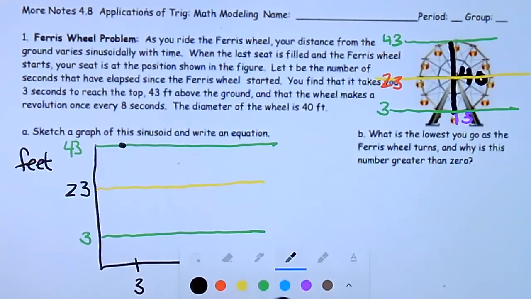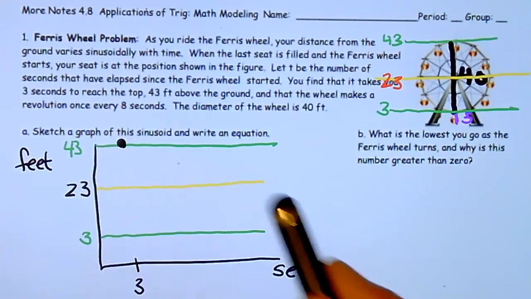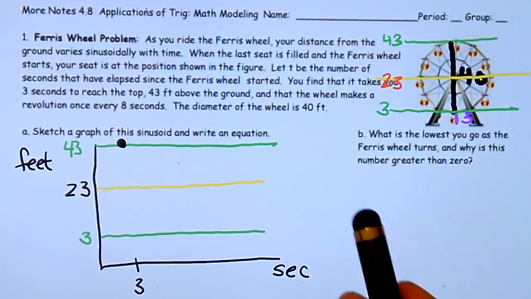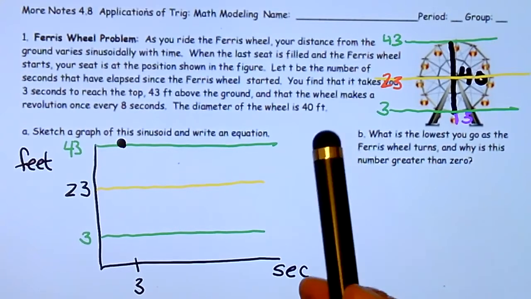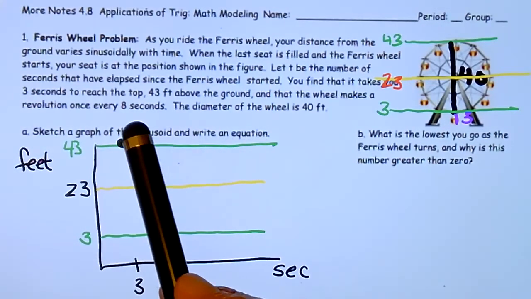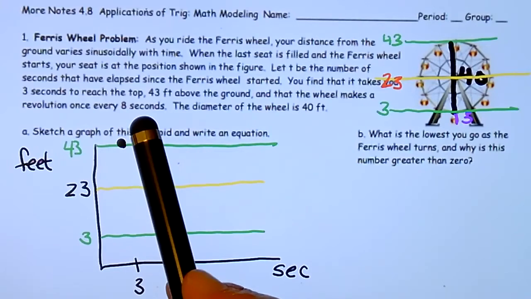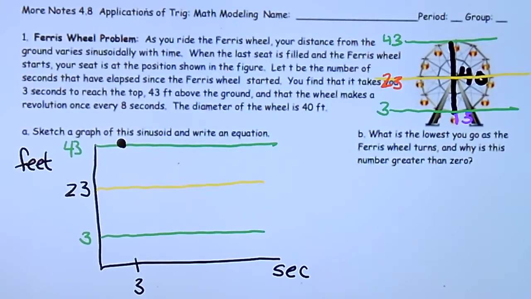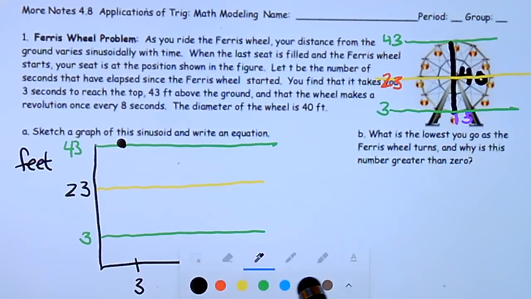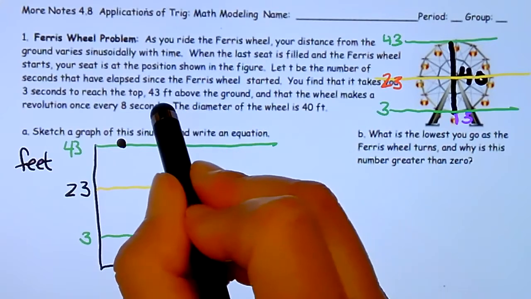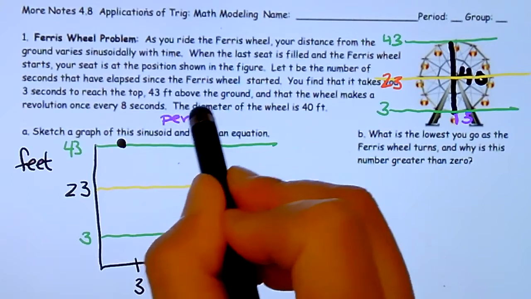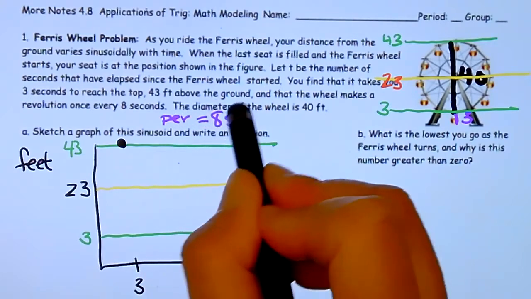Now, I know that it takes 8 seconds for 1 revolution. So what that means is our period is going to be 8. So period is equal to 8 seconds.